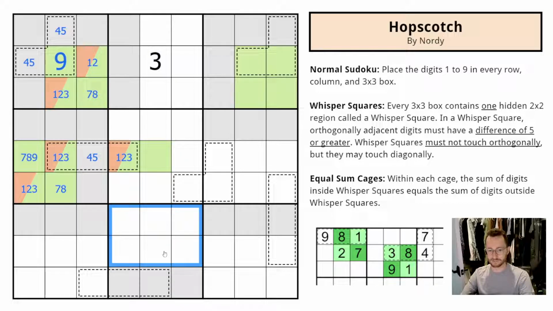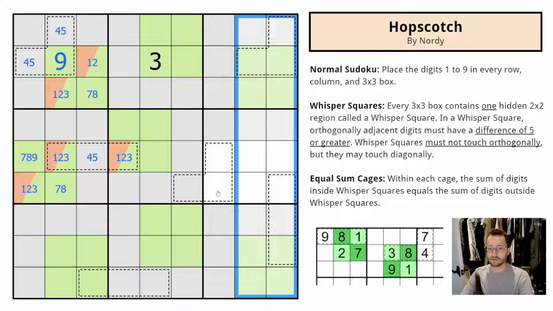So we're forced to place it up here, which is nice because this cage now needs a whisper square, which can go here, block things off, which forces a whisper square here, block these off, which forces a whisper square here, which forces a whisper square to finish this one here, which cascades up to here. And now either using cage logic or the fact that we just proved, this whisper square has to go here. And now we've placed all the whisper squares.